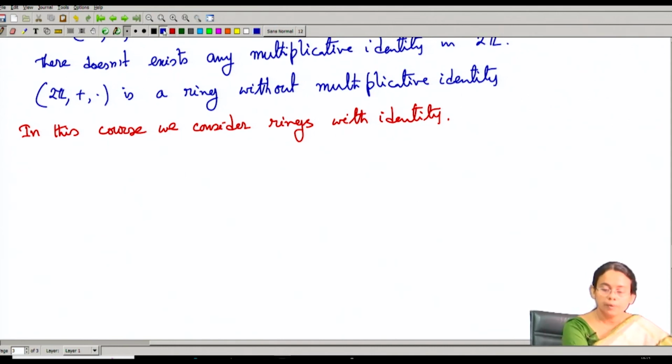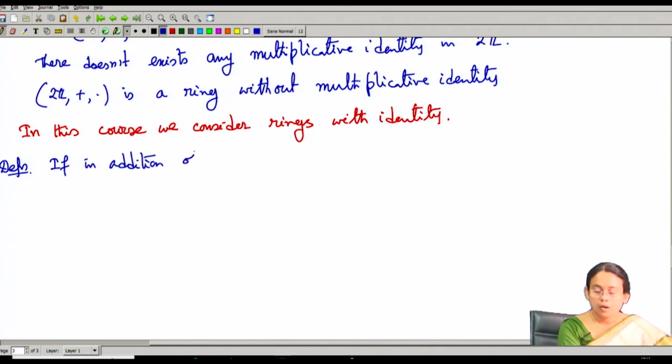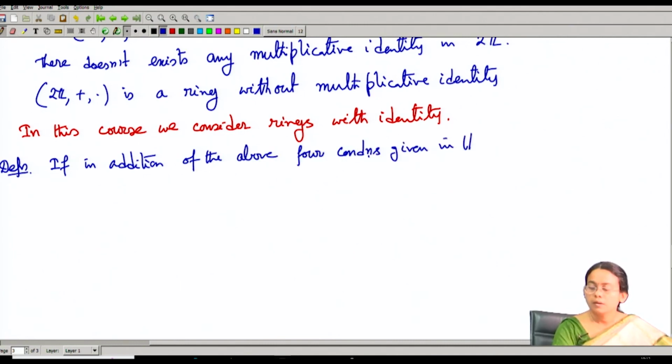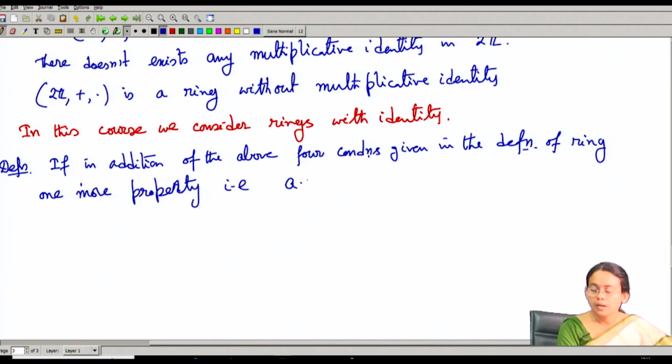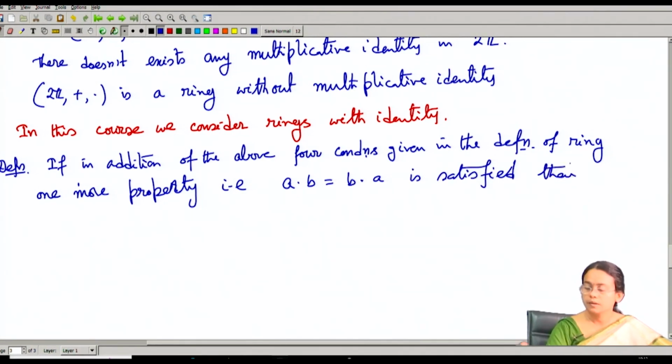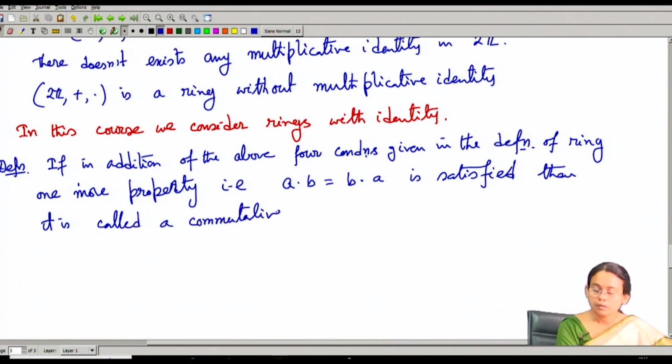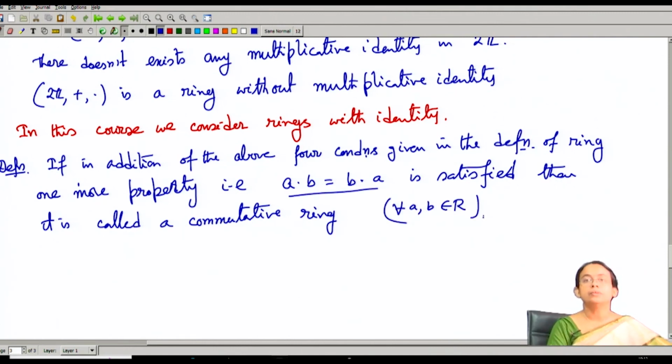So, if the multiplication is commutative, by definition we say that if, in addition to the above 4 conditions given in the definition of ring, one more property, that is A dot B is the same as B dot A, is satisfied for all A, B in R, then we call that ring a commutative ring.